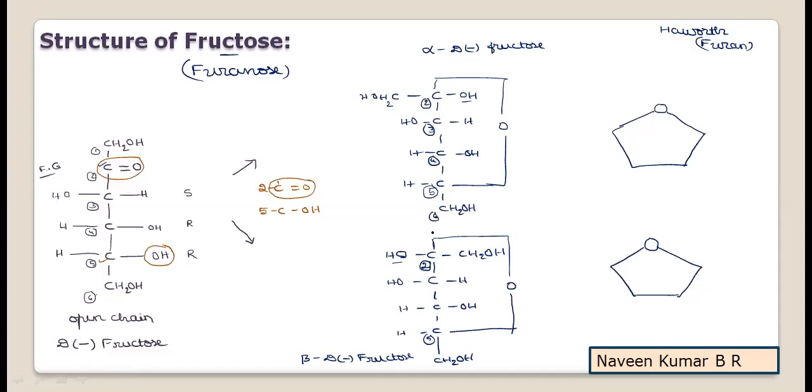This is the 6th one. 2nd, 3rd, 4th, 5th, and 6th. Now the cyclic carbon atoms are 2nd, 3rd, 4th, 5th. So starting from here, you give 2, 3, 4, 5. So these are the ring carbon atoms. Only the cyclic ring carbon atoms you mention here. Other numbers are not required.